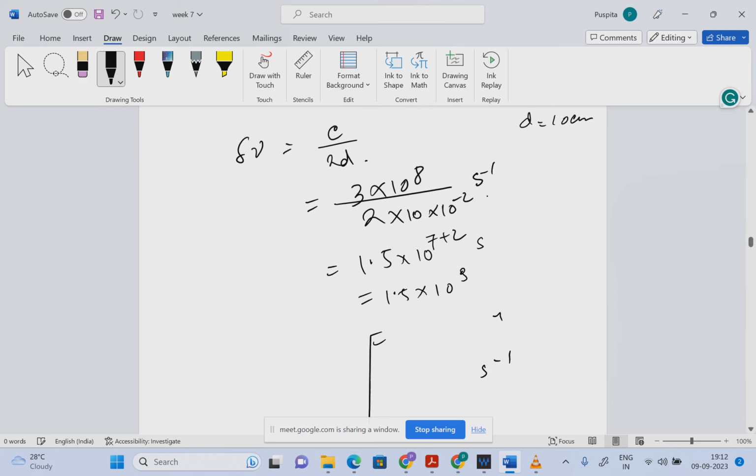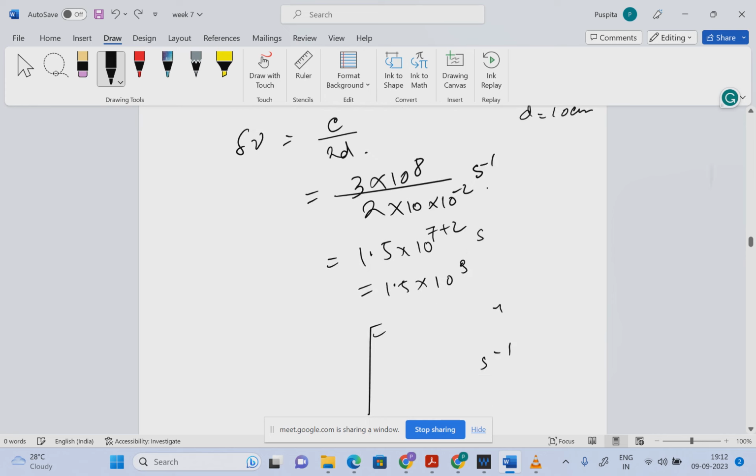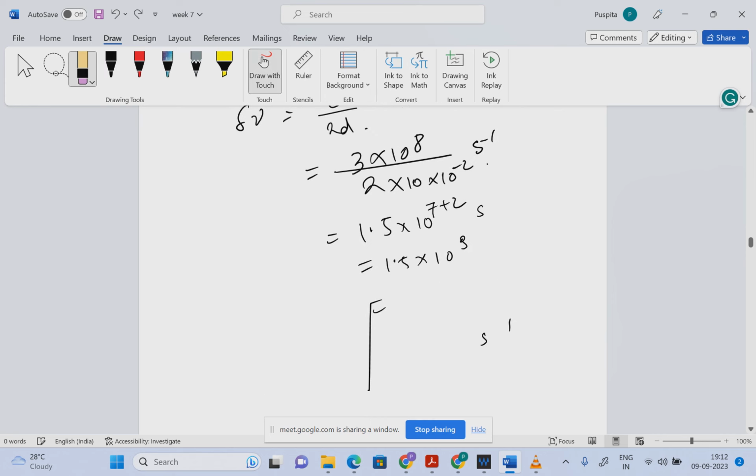So this is 1500 megahertz. So for a 10 centimeter Fabry-Perot, the frequency spacing is 1500 megahertz. Okay.